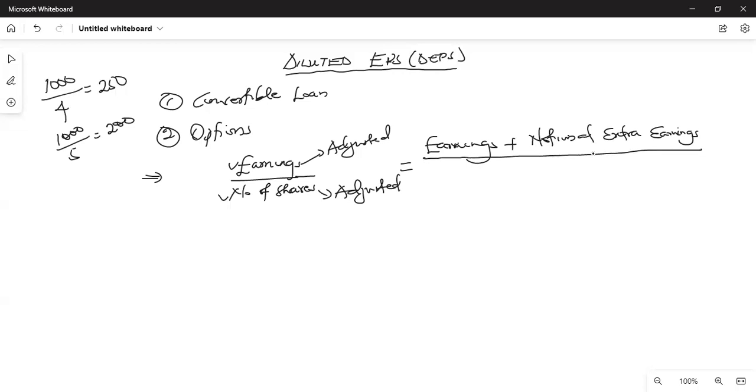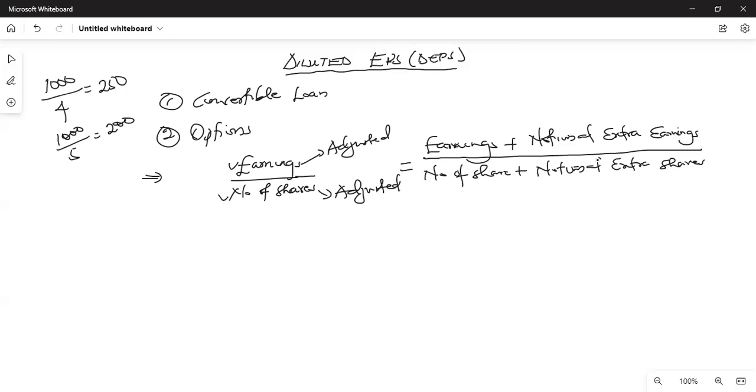And also, for our number of shares, you need to add any notional extra shares, on the basis that they are going to convert and exercise their options.